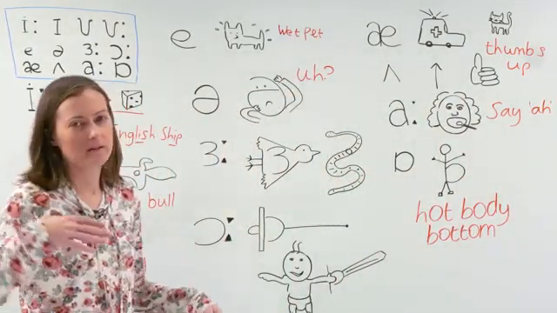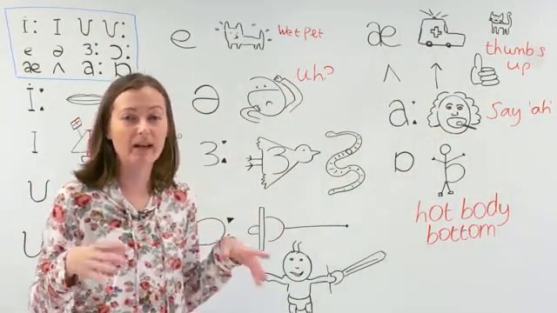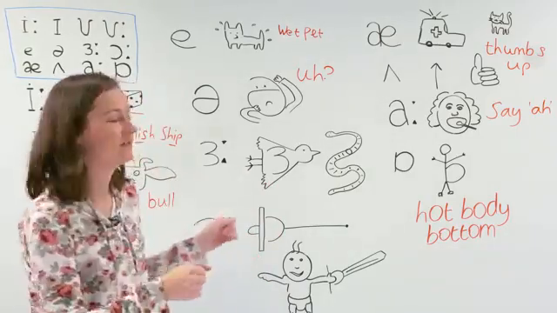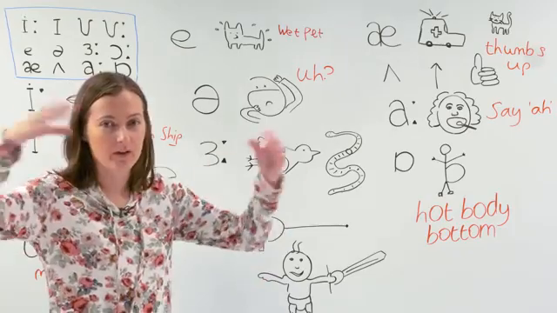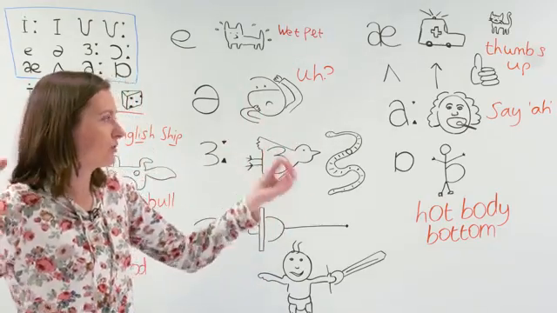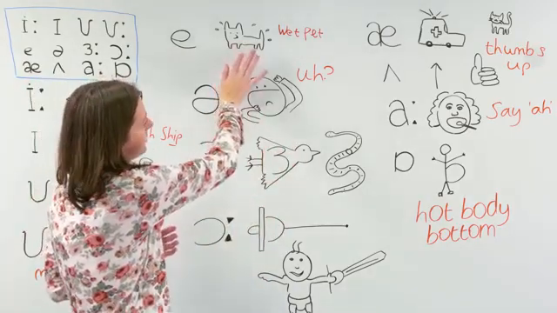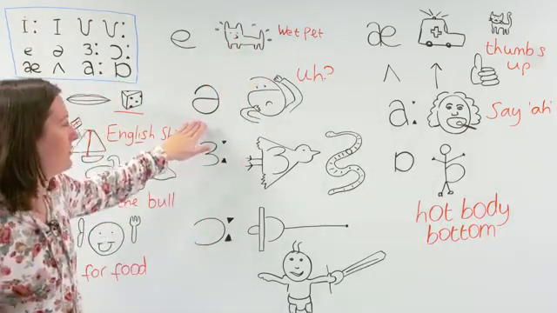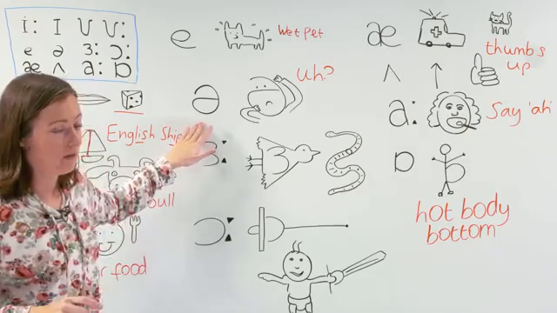You know when a dog goes outside in the rain, or after it's been washed, it comes in the house and it shakes like that, and all the water drops fly away. This is what this picture shows. He's a wet pet.